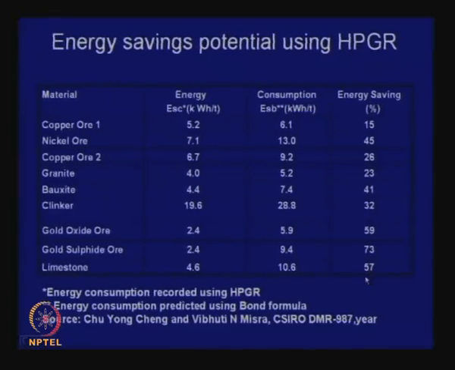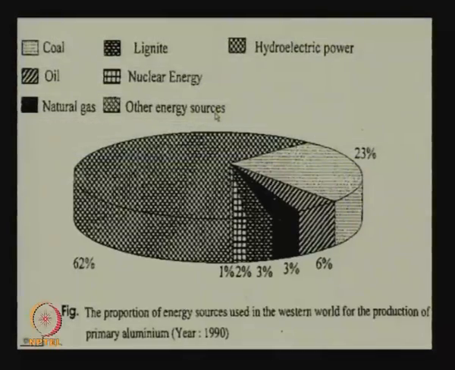This is on the basis of energy consumption recorded using high pressure grinding rolls in these units and energy consumption predicted using the Bond formula. One can calculate the theoretical energy requirements for crushing. So, high pressure grinding rolls and other techniques must be used.